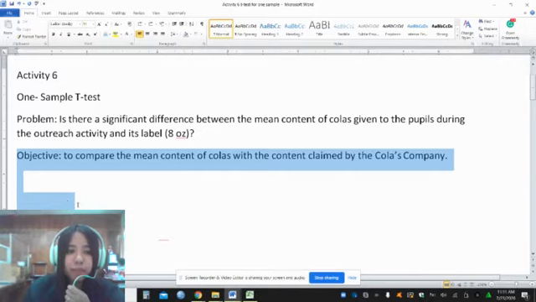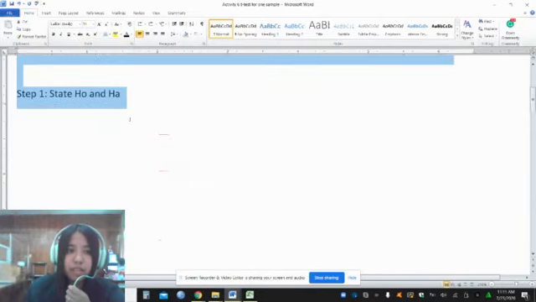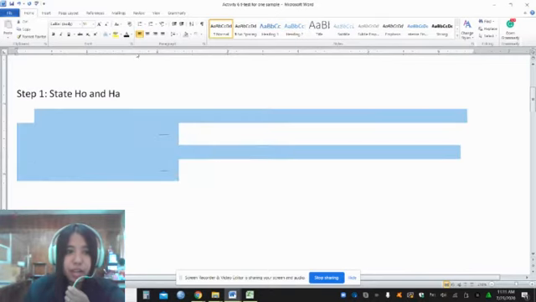And then in answering this question, we are going to follow the hypothesis testing. Step number one is to state the H0 and HA.